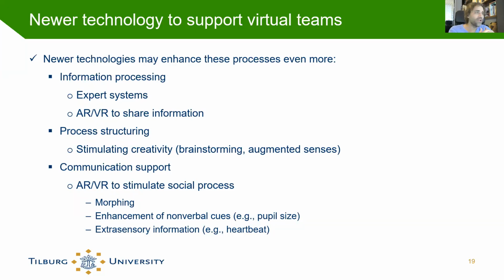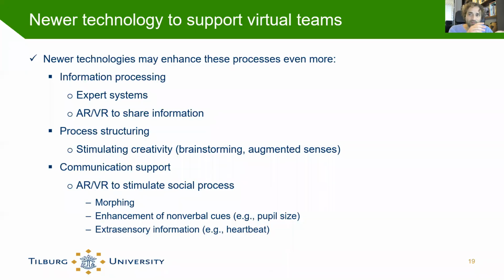So, for example, expert systems are algorithms that make decisions for you, that can write papers, that can write news articles based on the software only. Augmented reality and virtual reality can be used to share information, like the studies that I just showed about the neighborhood task.